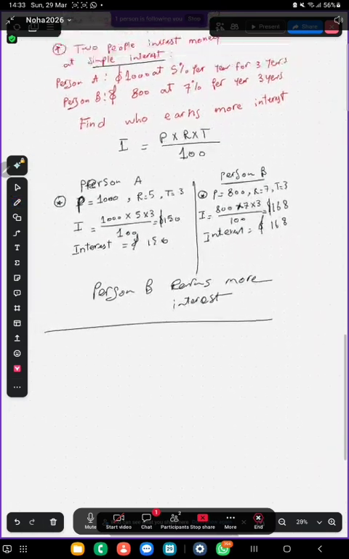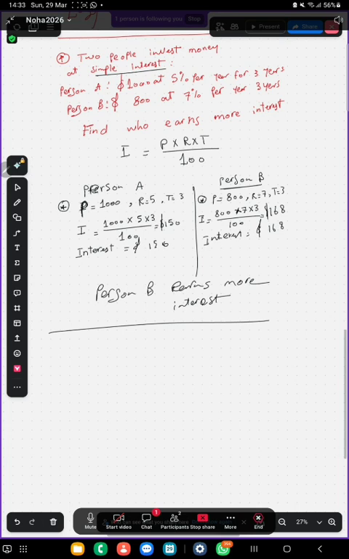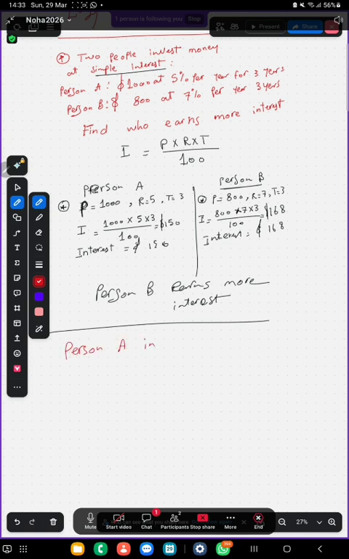Sometimes he doesn't give you the question simply like that. He doesn't want you to get the interest directly. Let's take an example. Person A invests $2,000 at 4% for 2 years. Concentrate.